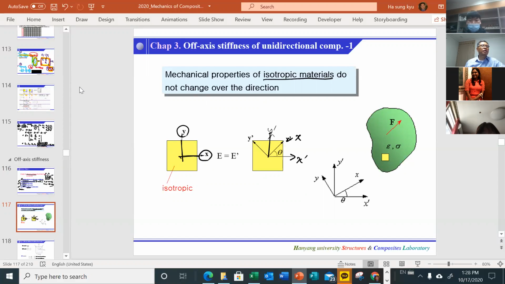Sorry, this is the X and Y, fixed, and it rotates. The material properties do not change. In other words, if we apply some stress here, the material property remains the same, because this is isotropic. So the material properties defined with respect to xy will be the same as those defined with respect to x prime and y prime. That's why it's called isotropic material.